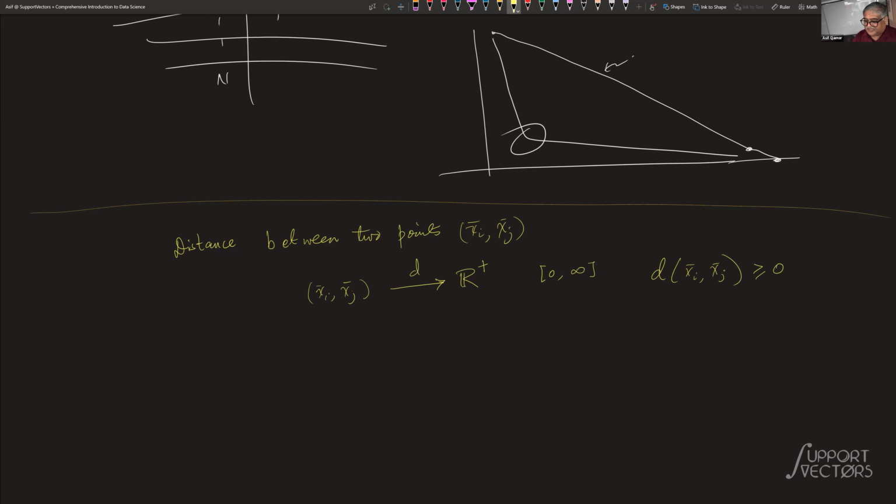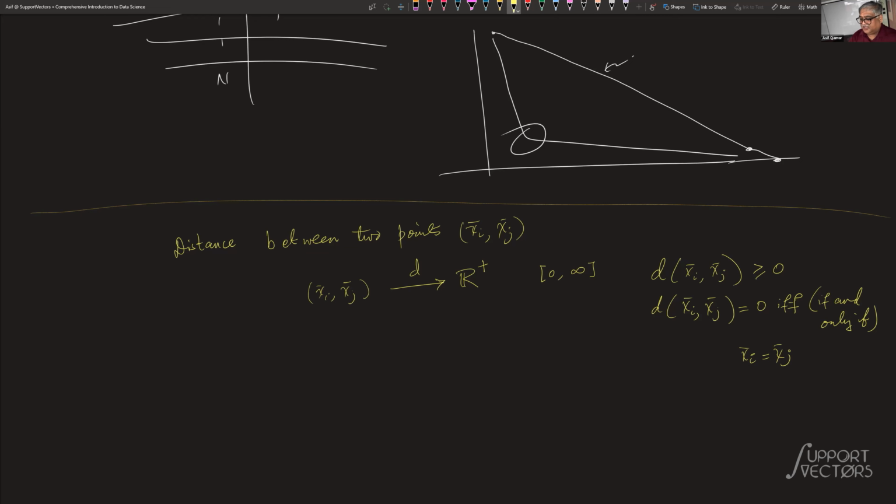The second part, you can imagine geometrically, is that the distance between Xi and Xj is equal to 0 if and only if Xi is equal to Xj. It means that in whichever space you're representing these points, these two are essentially sitting on top of each other. Then only can the distance between 2 points be 0.